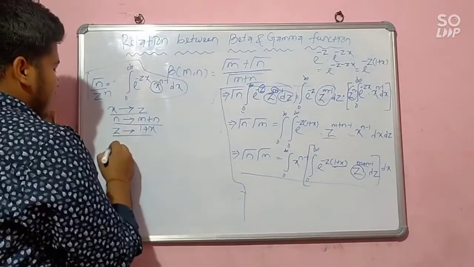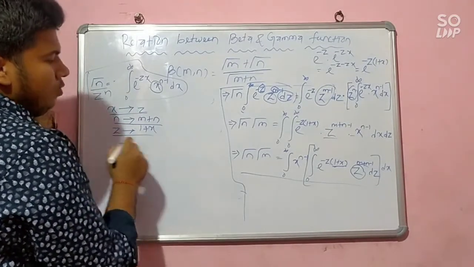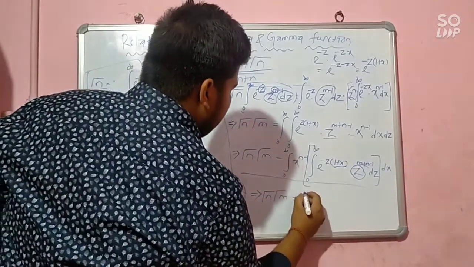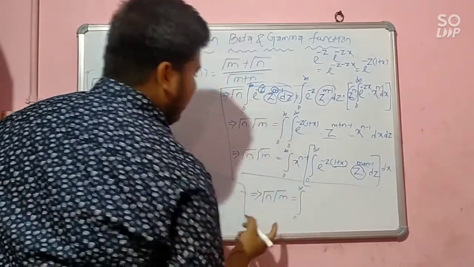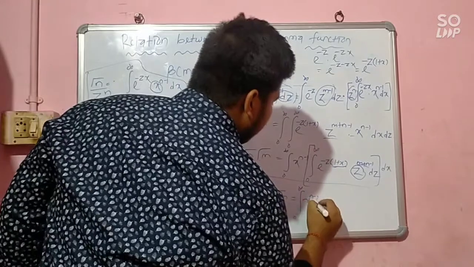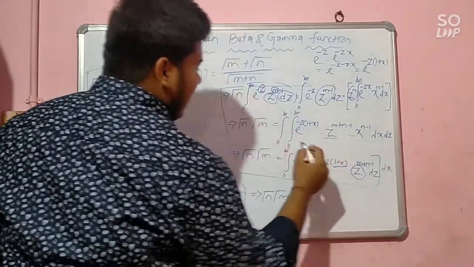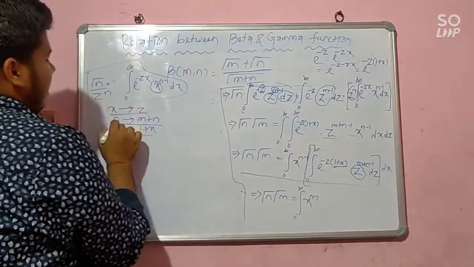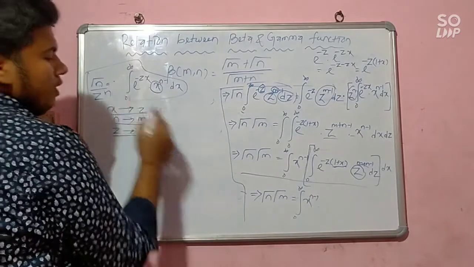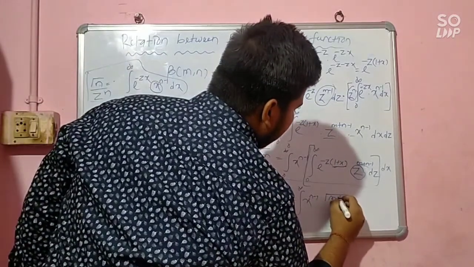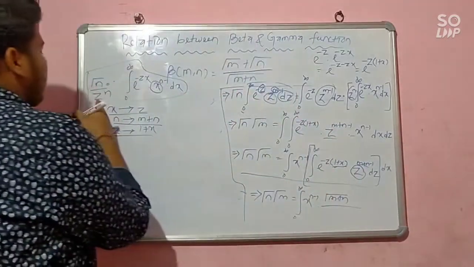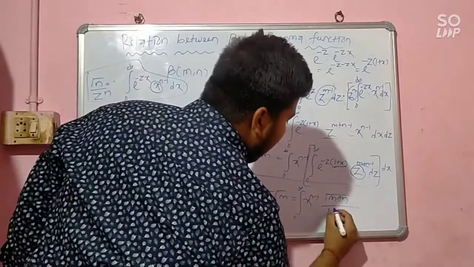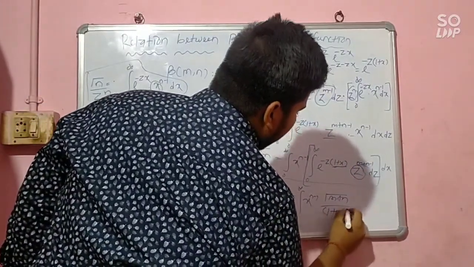So we can write gamma n into gamma m is equal to the integral from 0 to infinity of x to the power n minus 1 into, in the place of gamma n, gamma m plus n, divided by, in the place of z, 1 plus x to the power n.